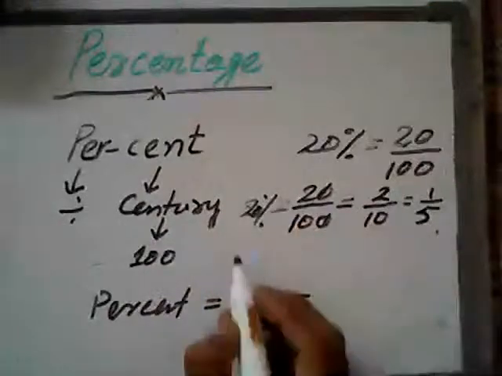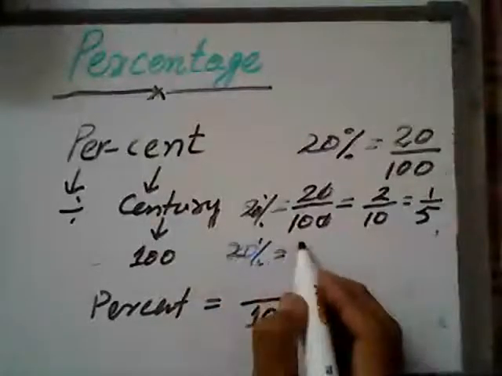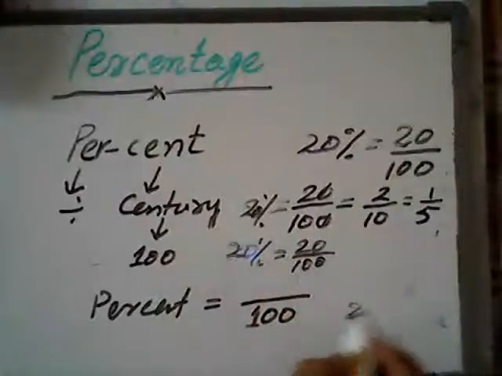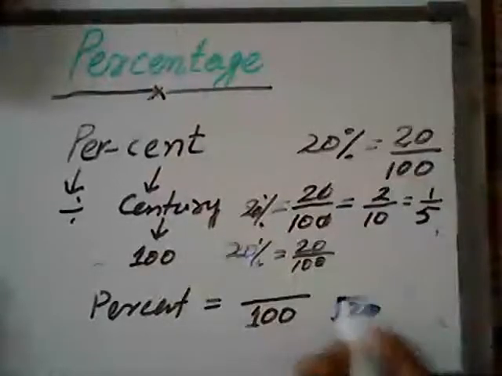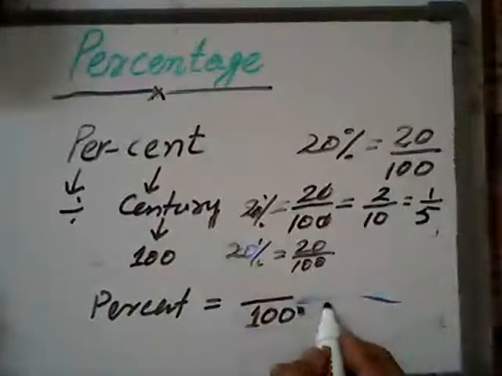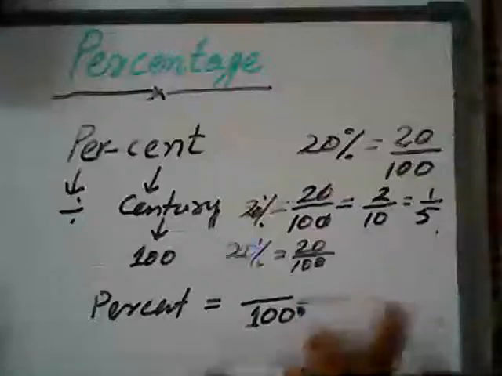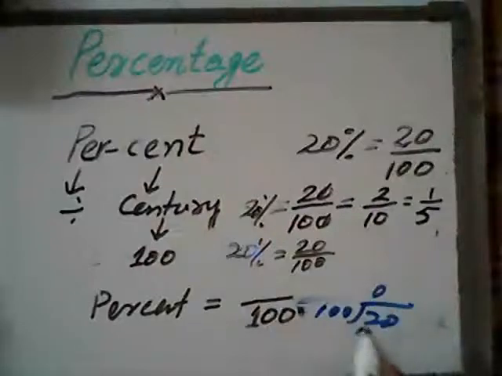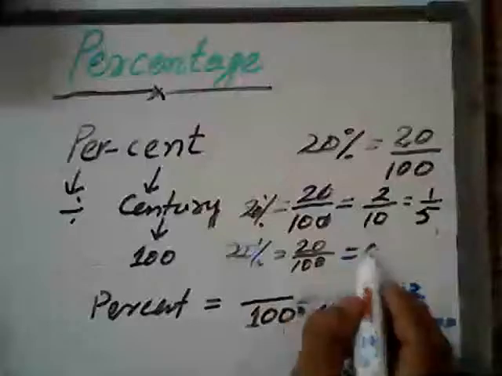And similarly, 20% can also be converted into a decimal if we divide 20 by 100. Now 20 divided by 100, the zeros cancel, and it becomes 0.2.